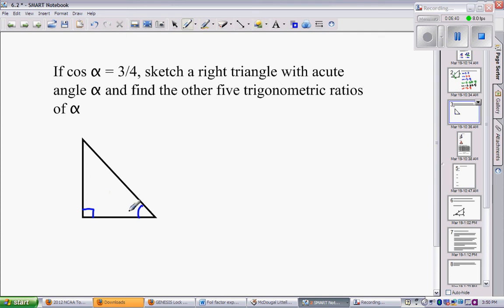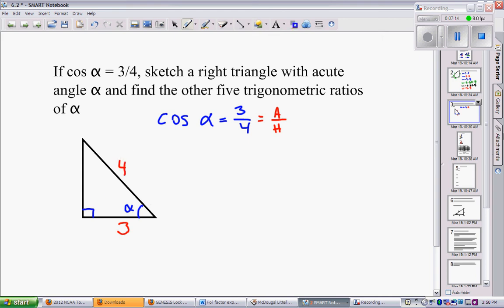Here is our measure alpha. So we have the cosine of alpha equaling 3 over 4. And we know cosine is adjacent over hypotenuse. So we fill it in. Adjacent, that's the leg connecting with the angle, so this is 3. That makes this one 4.